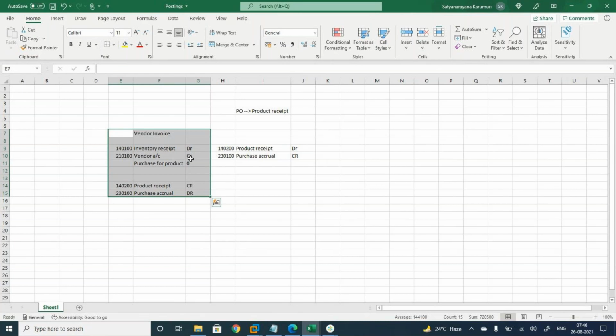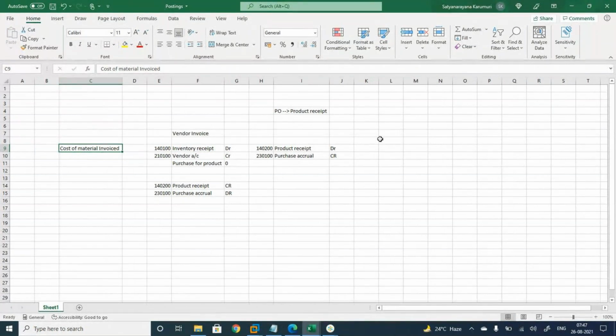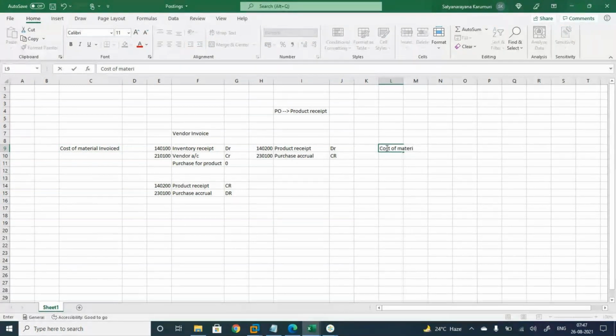So here, the inventory receipt account in the system is cost of material invoiced. This is the name of the field, and this is cost of material received, the actual name of the product receipt.